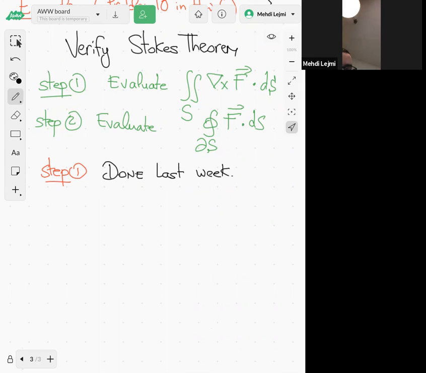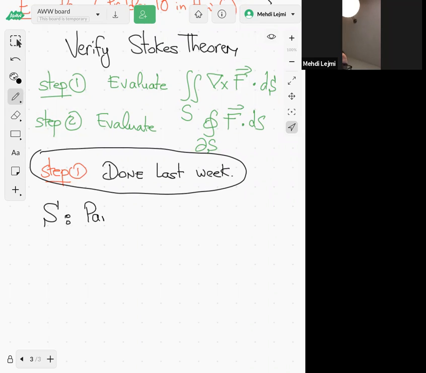We have this surface S. It's a paraboloid, z equals 9 minus x squared minus y squared, with z positive or 0.